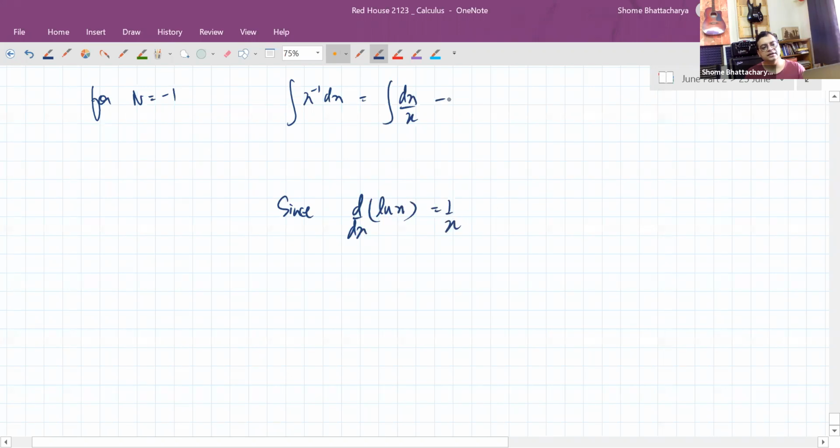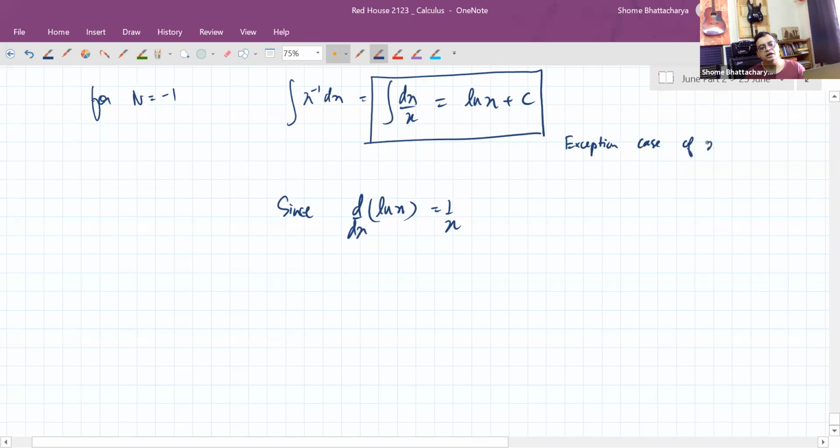So therefore integration of 1 by x is natural log of x plus c. So this formula you remember as the exception case of x to the power n, where n is equal to -1. That formula applies everywhere except for n equal to -1, where instead of that formula we use this integration.